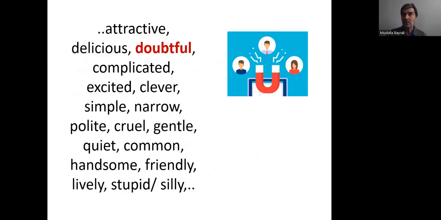Attractive, very attractive, so attractive, delicious, doubtful, complicated, excited, clever, very clever, quite clever, so clever, simple, narrow, etc. These are a bunch of adjectives for you to use those adverbs before them to define, describe, or modify them, to qualify them.